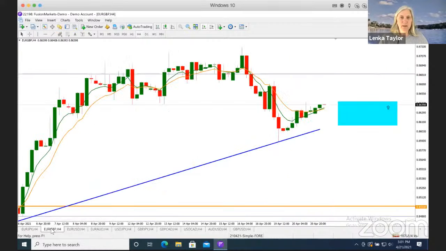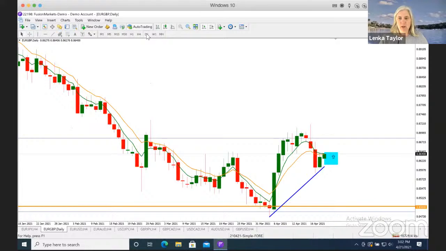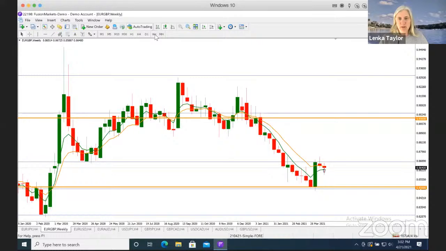Next currency pair I'm going to look at is Euro Gbp. On this currency pair, I'm looking for a long. This is more of a ranging market.